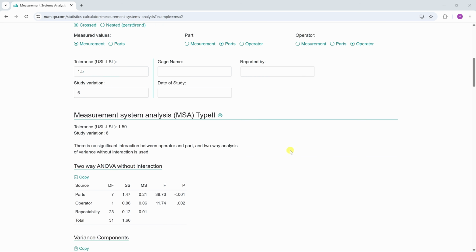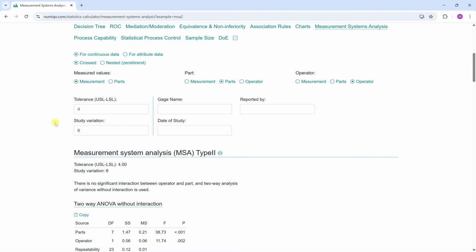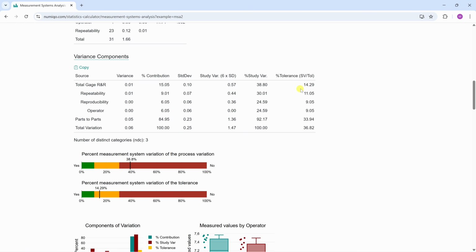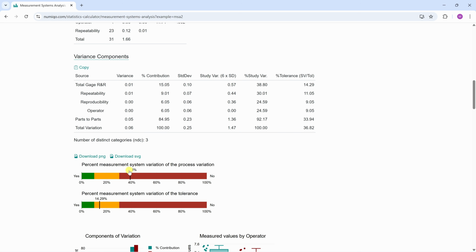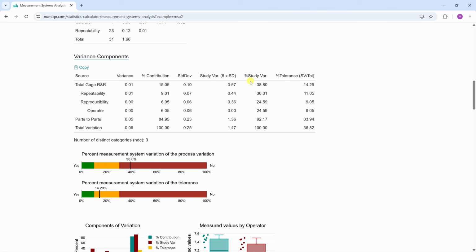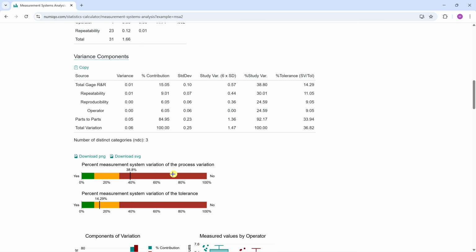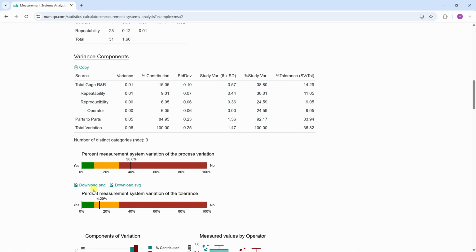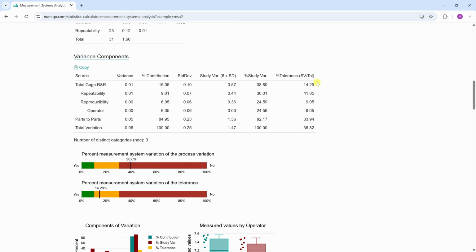If we set the tolerance to 4, the percentage tolerance drops because the gauge variation occupies a smaller fraction of the tolerance window. And here you can see visually how your Gage R&R is performing. In the first bar, you can see this value and we can see that it is red. Here we can see that value, which depends on the tolerance.